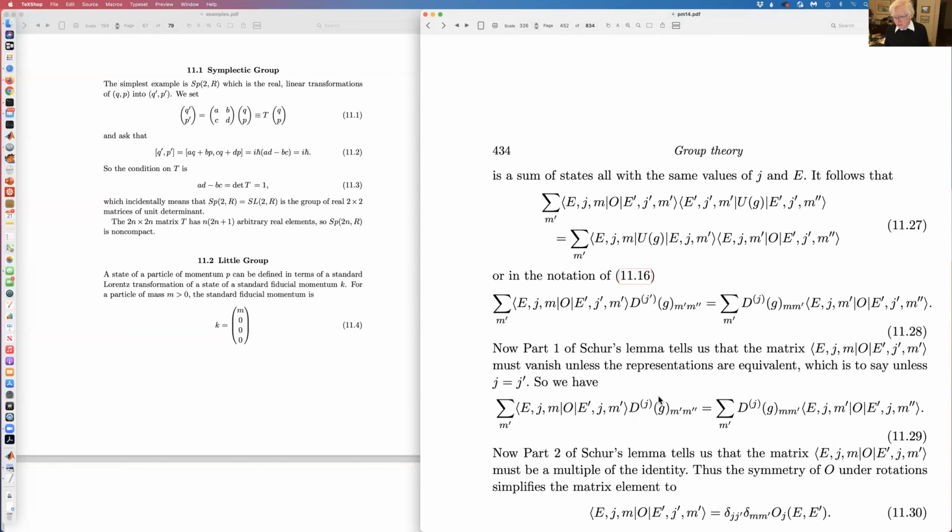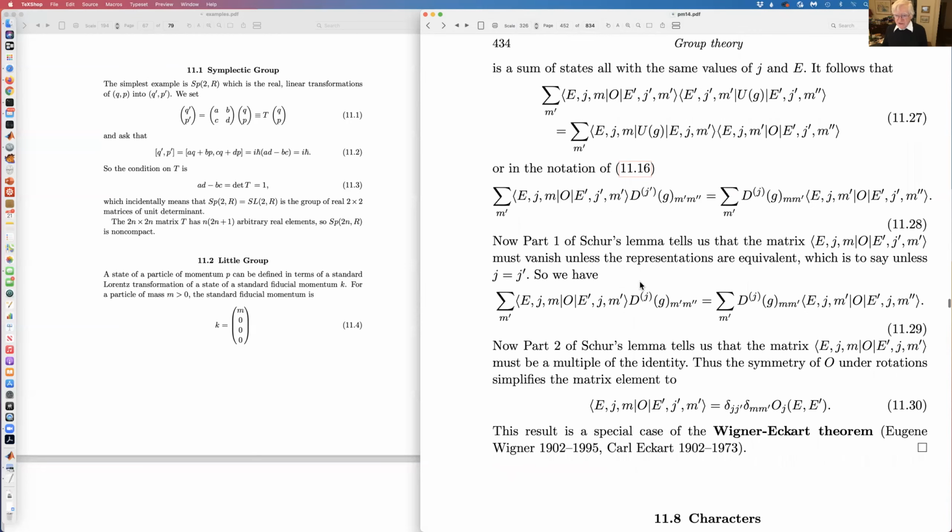Or if it were some other group, not the rotations, but something else, it would still be an irreducible representation. So part one of Schur's lemma tells us that this matrix here, which is commuting with D, must vanish unless the representations are equivalent. So that means that these two representations are equivalent, but that means that J prime is equal to J. So now we get down to this point.